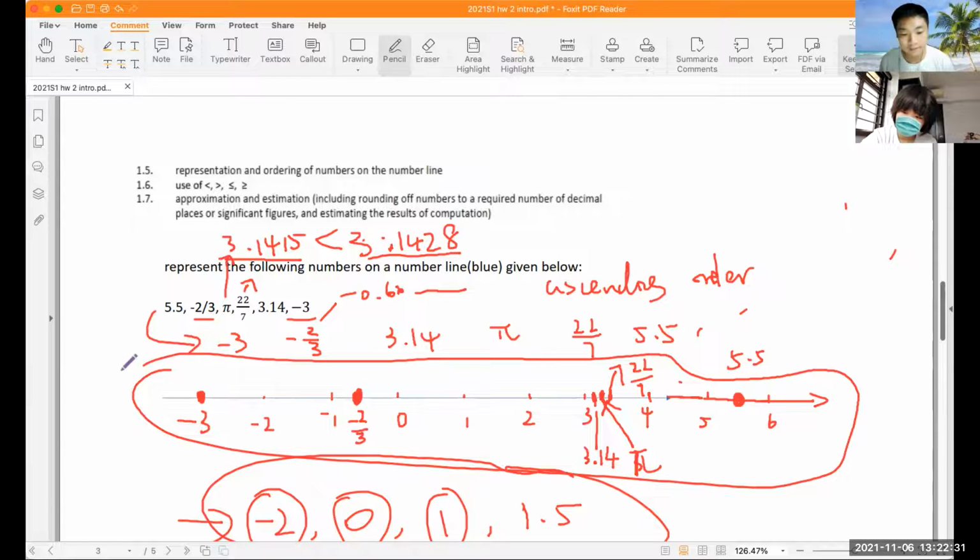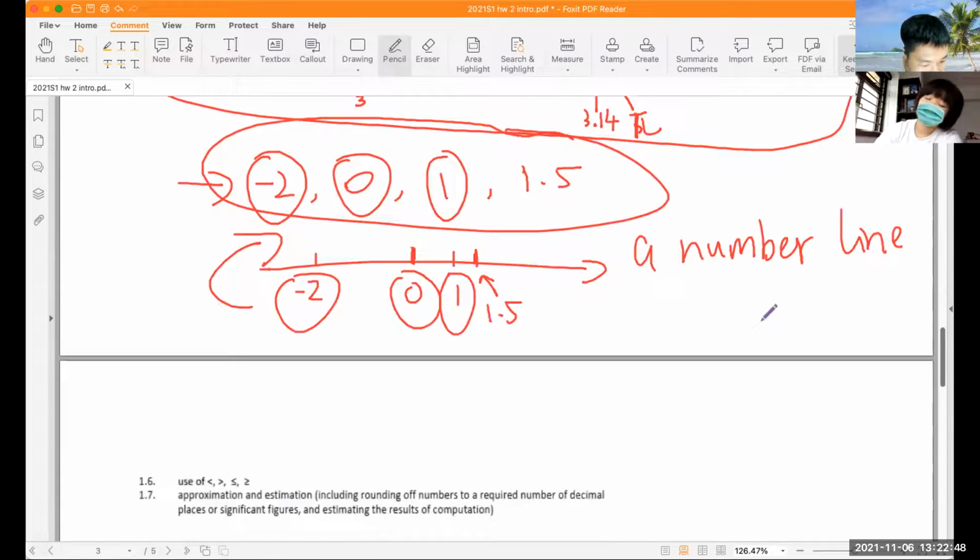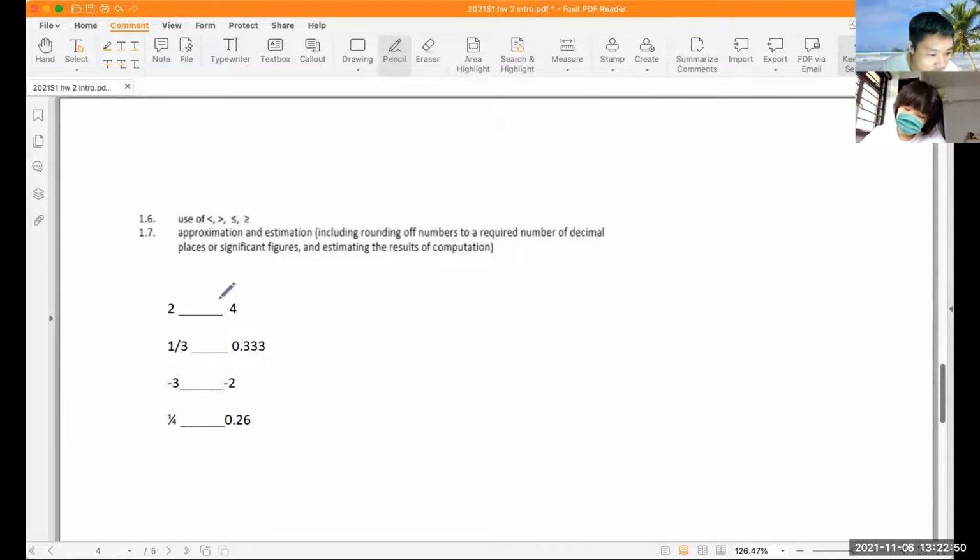Then, yeah, good. So the use of the bigger and smaller signs. Let's look at it. For this one, clearly 2 is smaller than 4, right?